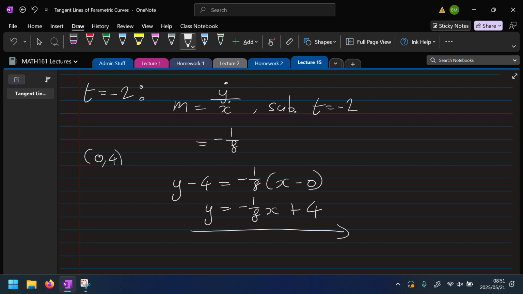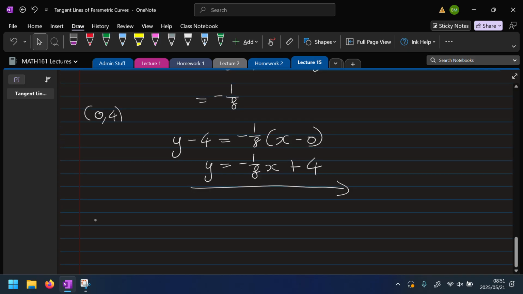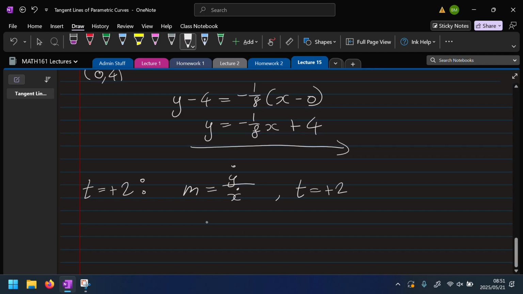What about the second tangent line? That was happening at t equals plus 2. So again, we're going to have m, that will be y dot over x dot. And we're going to substitute t equals plus 2. So this is going to give us 1 over 8. You can check that.